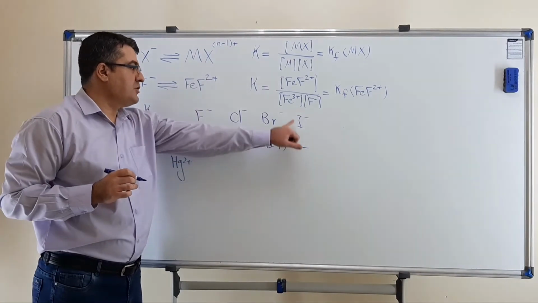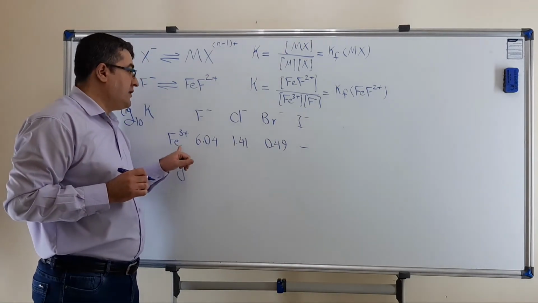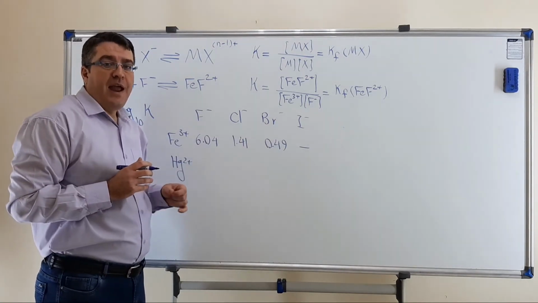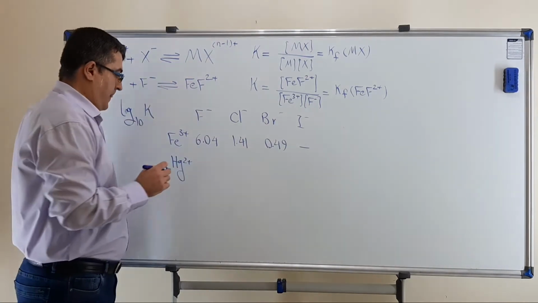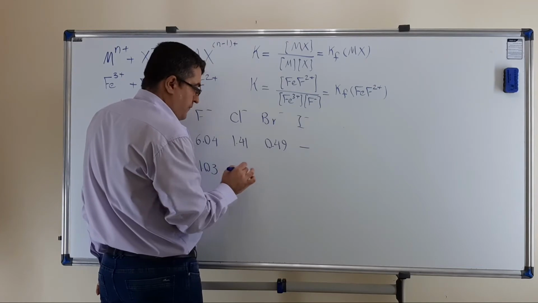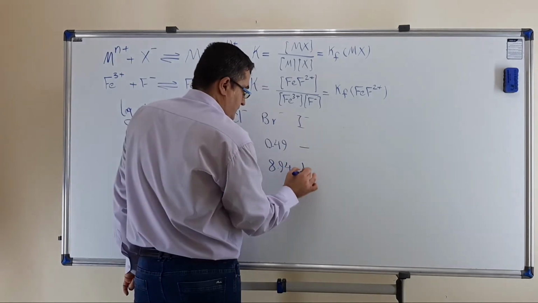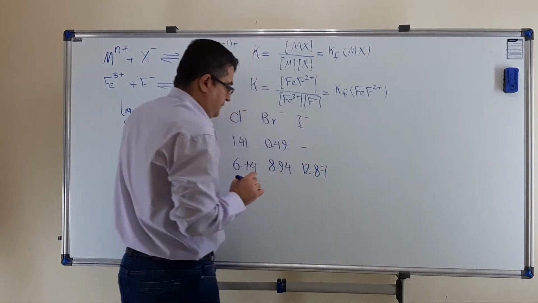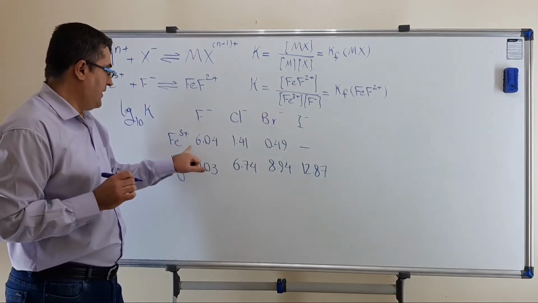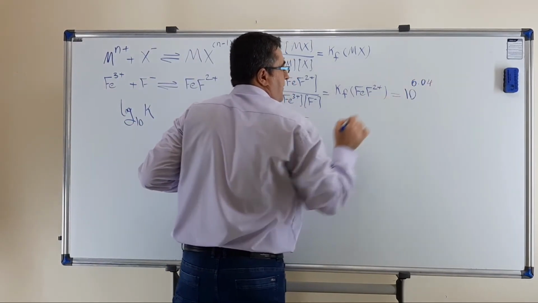Here, the value for reaction between Fe3+ and I- is absent, since in aqueous solutions, Fe3+ oxidizes I-, and we have an oxidation reduction reaction instead of this reaction. For example, the value of K for this reaction is 10 to 6.04.